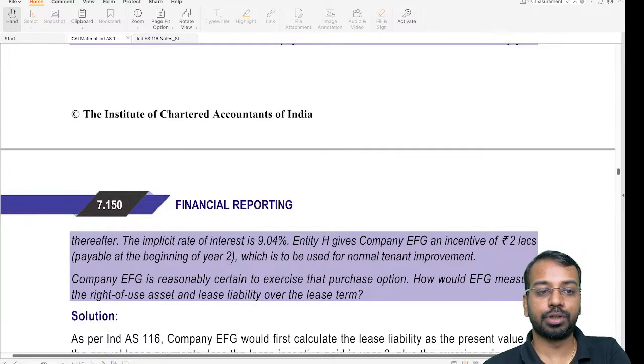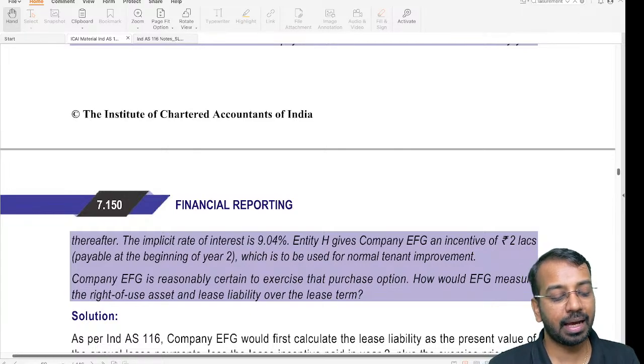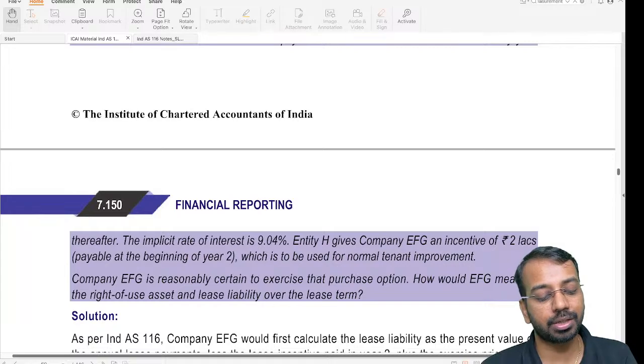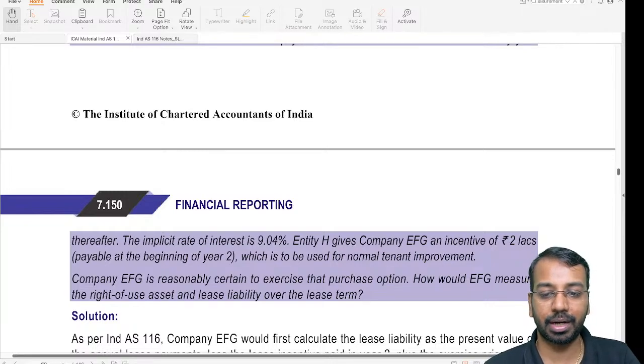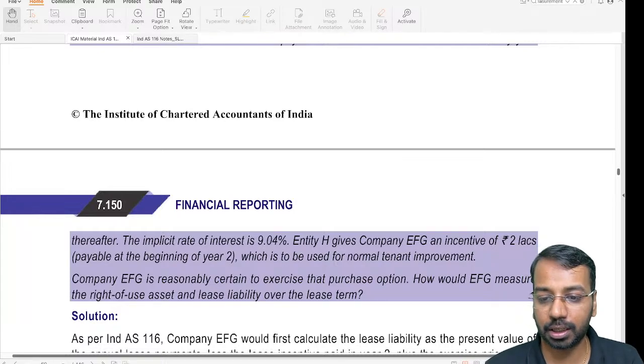See, now for example, two situations. One is what we did just now, where the rate has changed and there was also a change in the purchase option. If the purchase option is there, then you will use the revised discount rate for the lease liability and calculate accordingly.